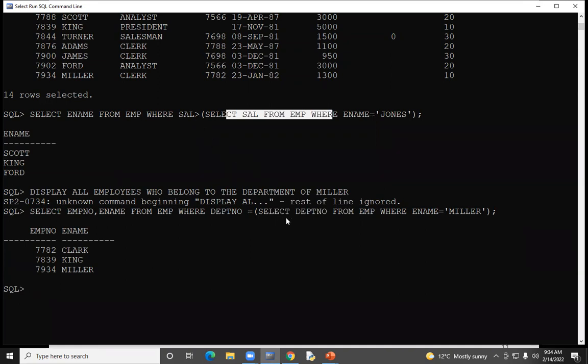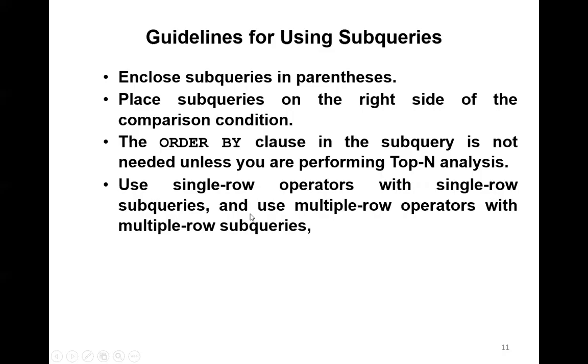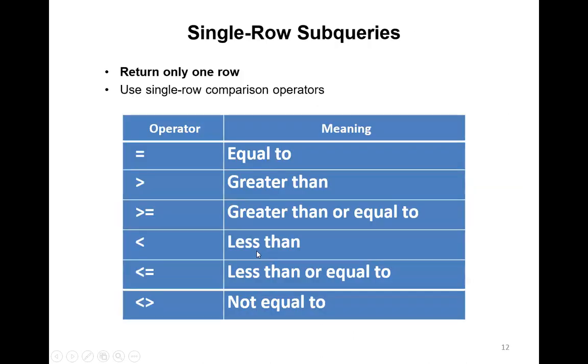If we use subqueries that return multiple rows, then equal to and greater than do not work, and we need to work with multiple row subquery operators. Remember this condition: use single row operators with single row subqueries and multiple row operators with multiple row subqueries, right?